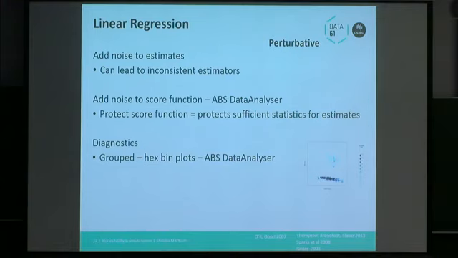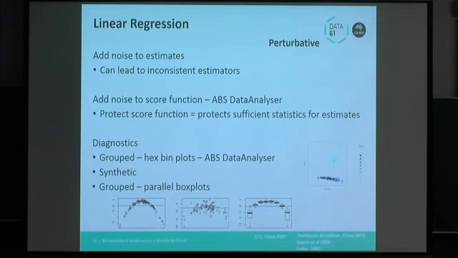So the ABS has recently, in their data analyzer remote analysis server, have been producing kind of heat maps. Other ideas have been synthetic, as we've seen, or parallel box plots. So just grouping your residuals can give really great information.